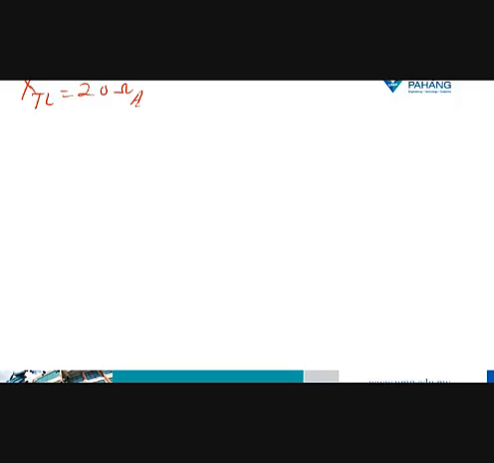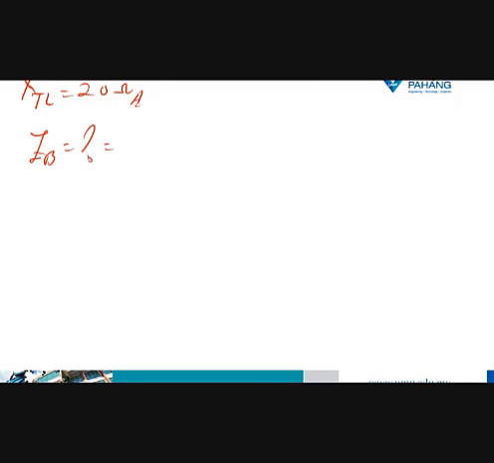As I mentioned earlier, to convert this real value into the per unit value, we have to use Z base. So how do we calculate Z base?